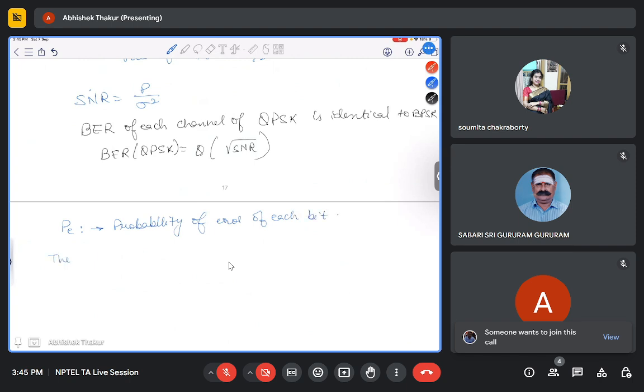So the probability that each bit is received correctly is 1 minus P_E. Therefore, the probability that both the symbols are received without error is (1 minus P_E) square.